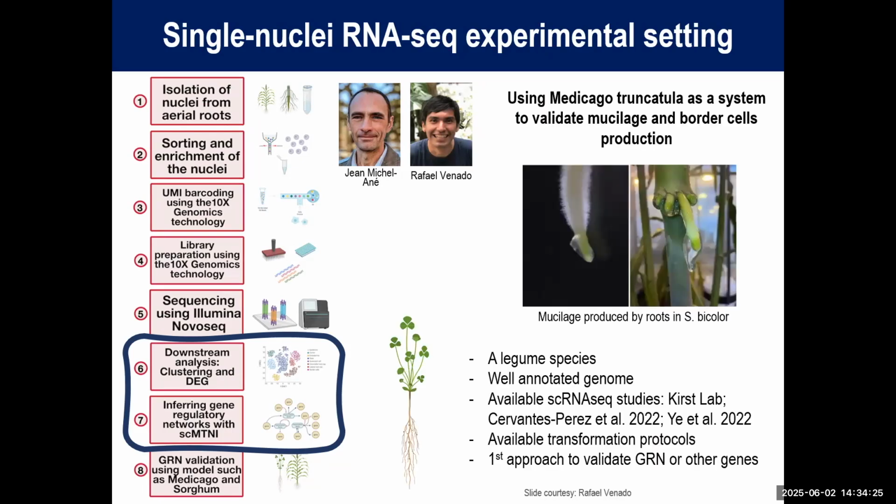Another important thing I want to mention is we are interested in sorghum and maize, but since their lifespans are pretty long, wet lab validation of the important regulators will take many years. So for wet lab validation, we are also considering a model organism called Medicago because it has a much shorter lifespan. Doing wet lab experiments on Medicago is very efficient.